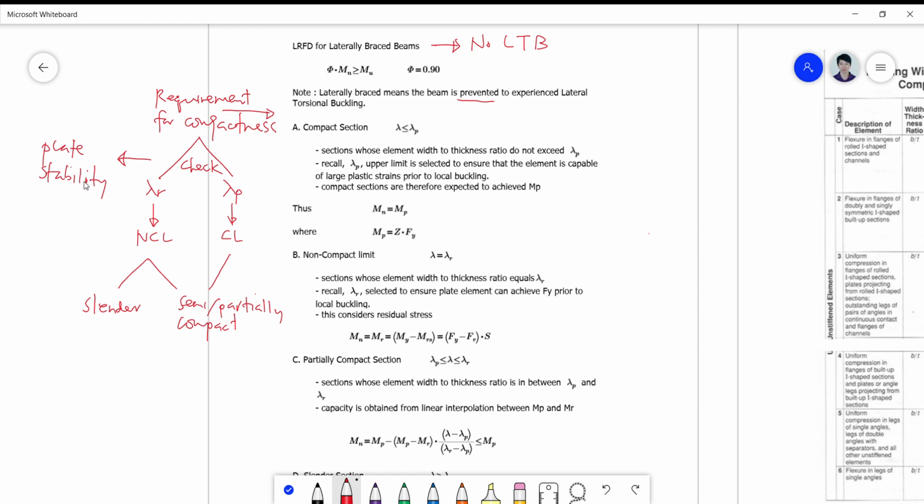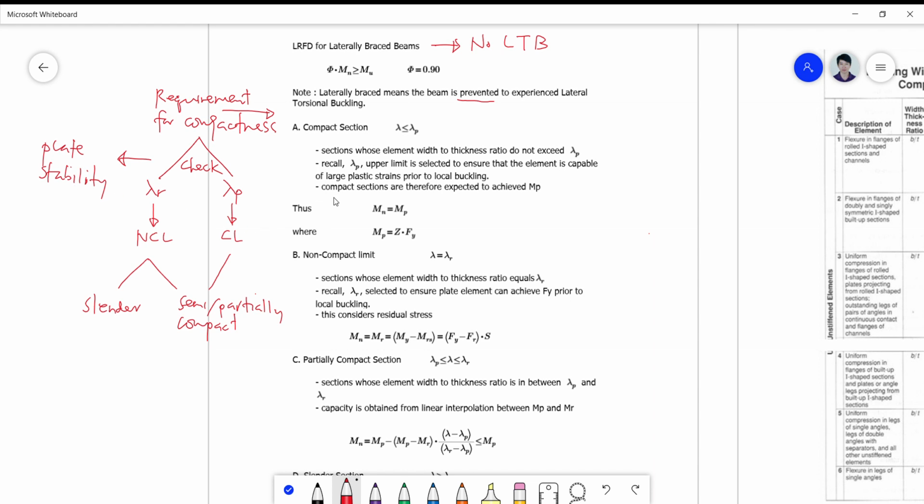So I gave a video on plate stability if you want to have a very detailed idea on how plate stability works in steel sections, then please watch the video.